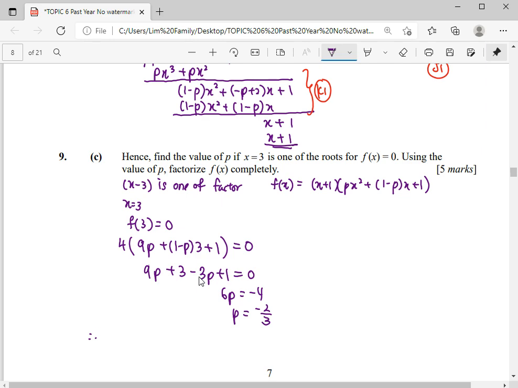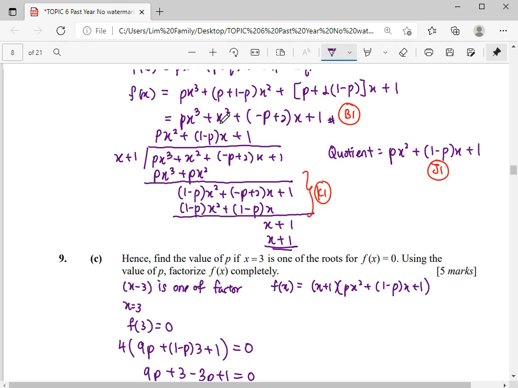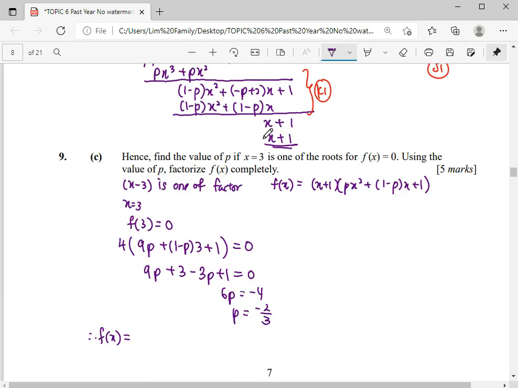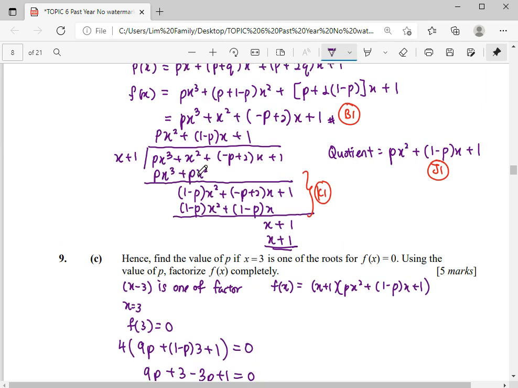So finally, we get our function. In expanded form, here is negative 2 over 3 x cubed plus x squared, and then plus 8 over 3 x plus 1. I use the expanded form because I want to factorize it completely after that. So this is our p.